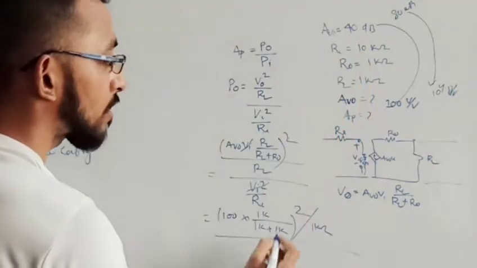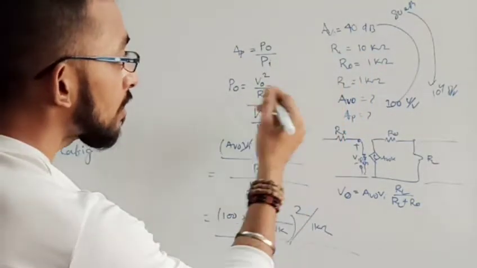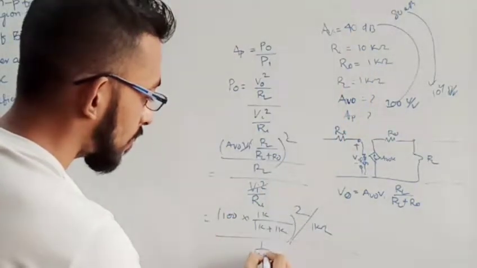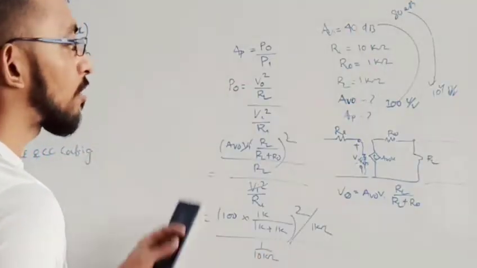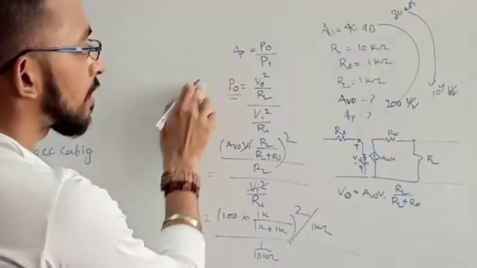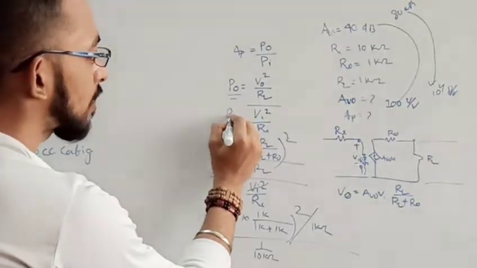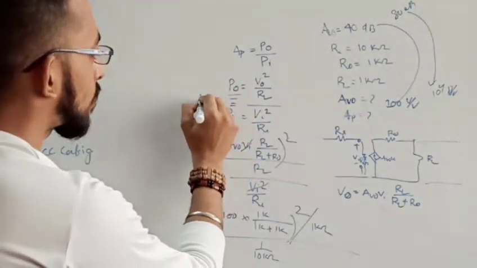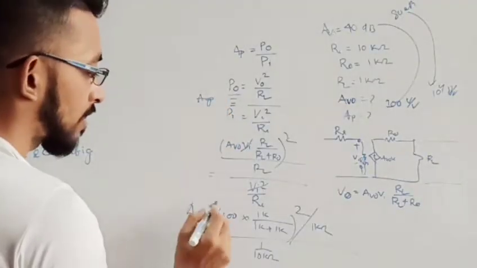The Ri value is given as 10 kilo ohm. So from here you can calculate my power gain AP. This is output power, this is input power. So that will give me the value AP. So this is my AP.